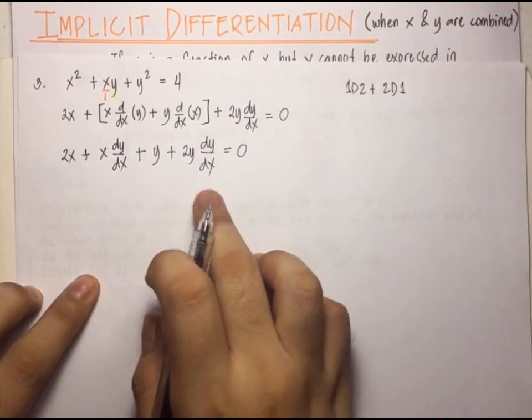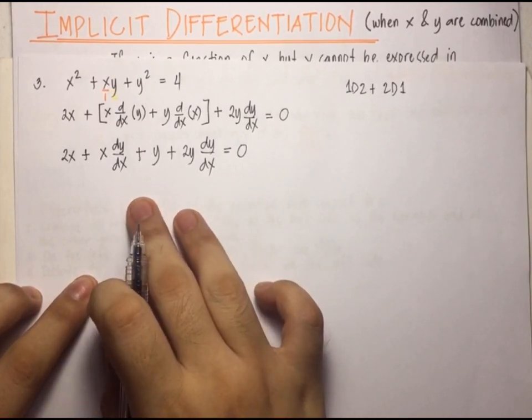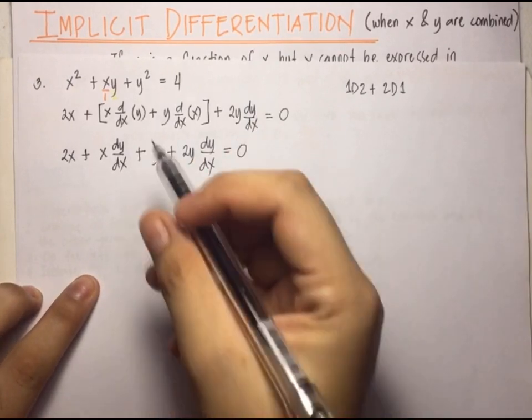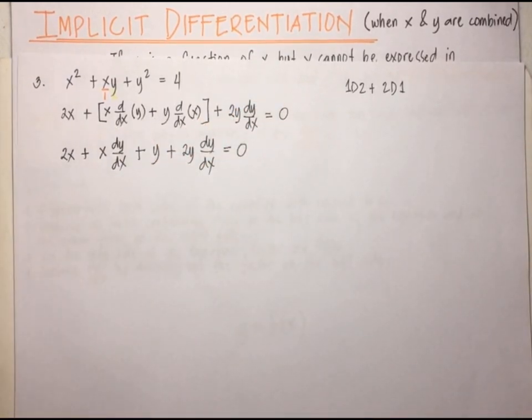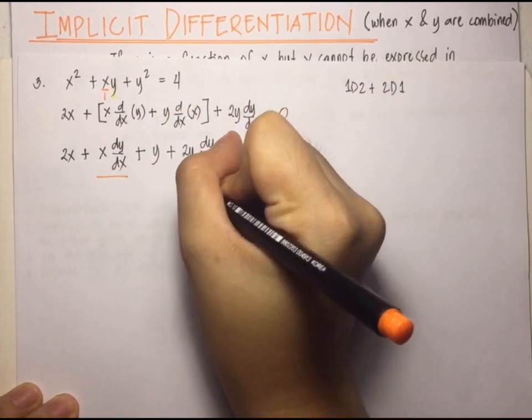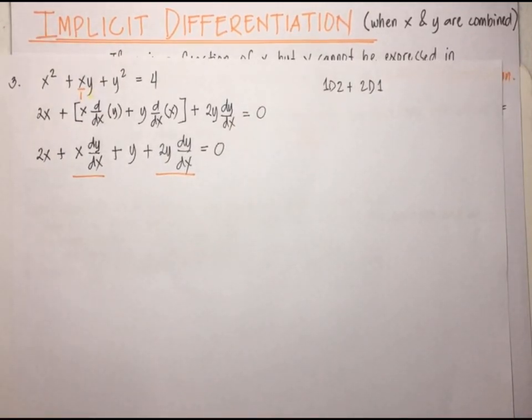Next is to combine all terms containing dy over dx on the left side and terms not containing dy over dx on the other side. So we have x times dy over dx and 2y times dy over dx on the left side.